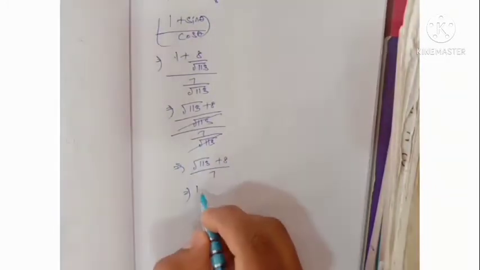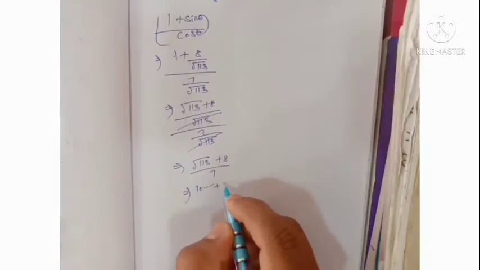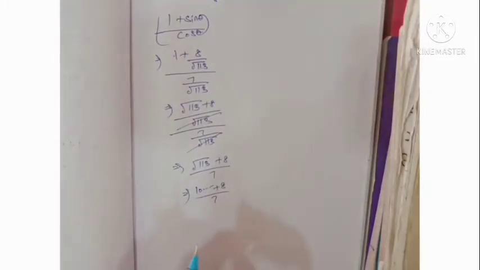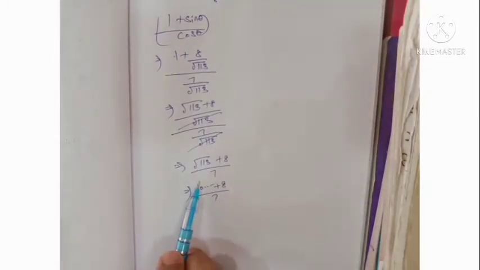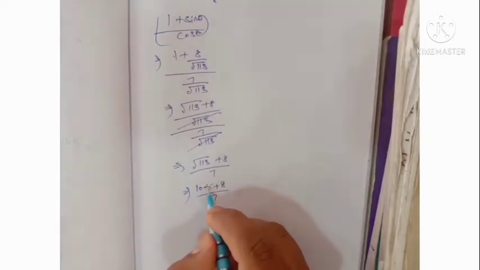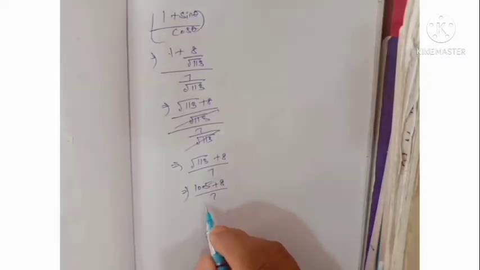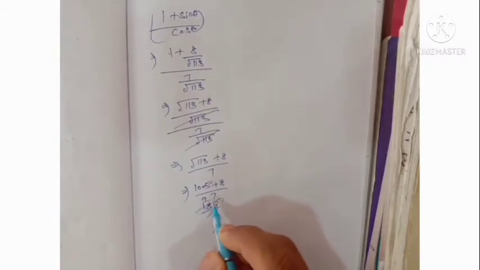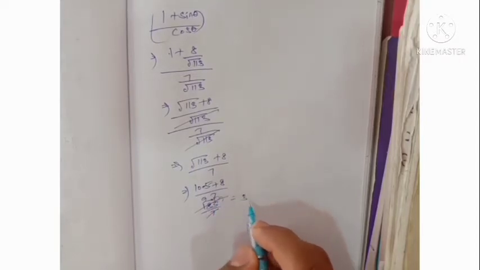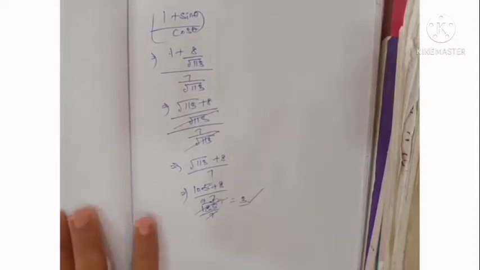It is nearly 10 point something. 10 10 is 100, 11 11 is 121, so it will be 10.5 something. Plus 8 gives 18.5 by 7, which is approximately 2.5 something, approximately 3. This is the approximate value.